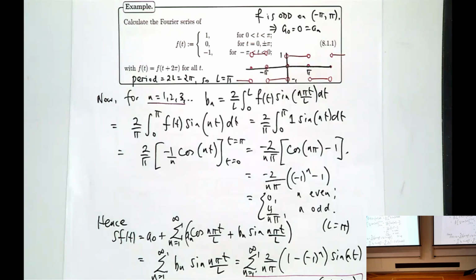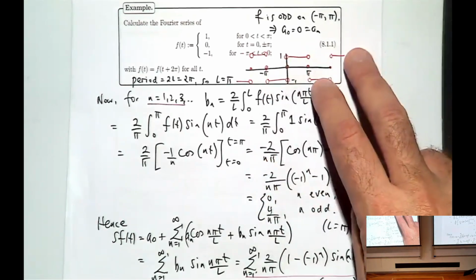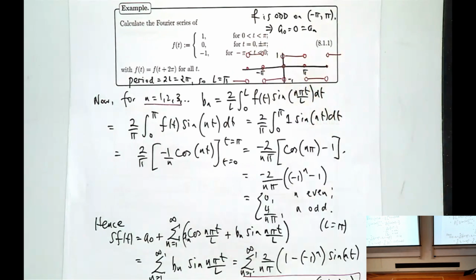So let's just refresh our memory about what we did. In this case, you can see the example that we start with has a period of 2 units, because you take this bit, you copy it, you move it, and you paste it. Copy, move, paste. So every 2 units, the graph repeats. So half of that, of course, is 1, so the L in this situation is 1.